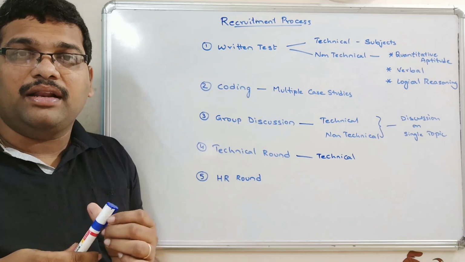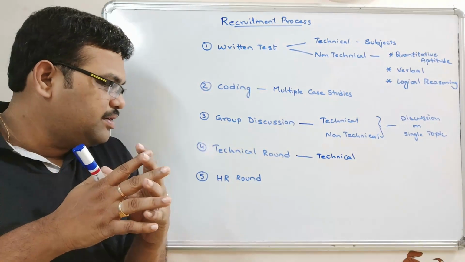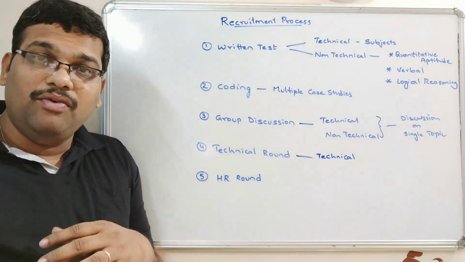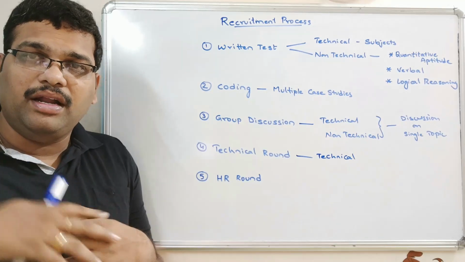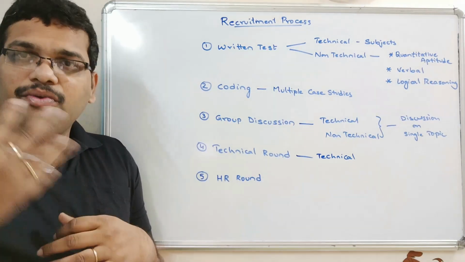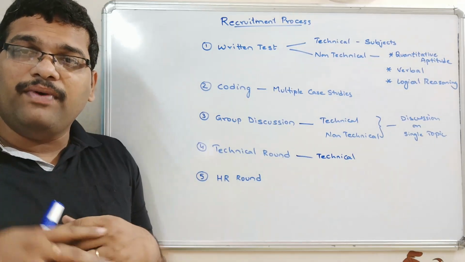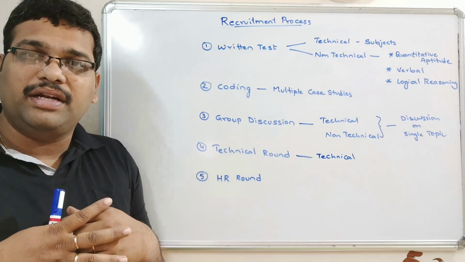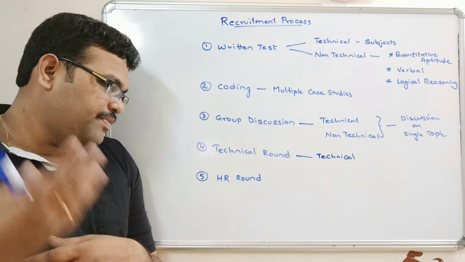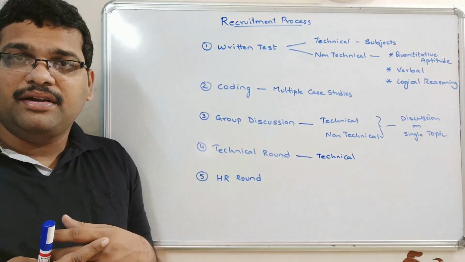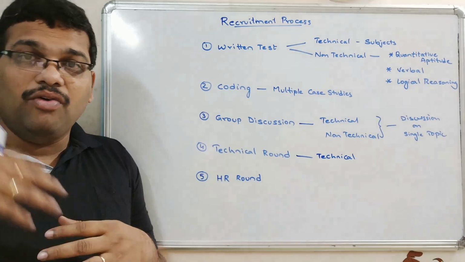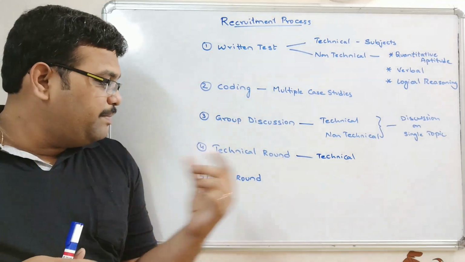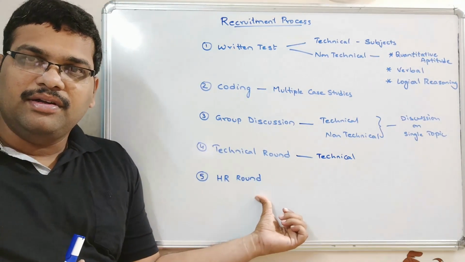In this HR round, the recruiters will expect the confidence and the skills of a student: how far he is interested in this job, how far he is ready to relocate, how far he is ready to work in different shifts, different times, how far the students are ready to work with a team, and about the extracurricular and co-curricular activities they are interested in, and how much interest they show towards the latest technology. All these things will be asked in this HR round.